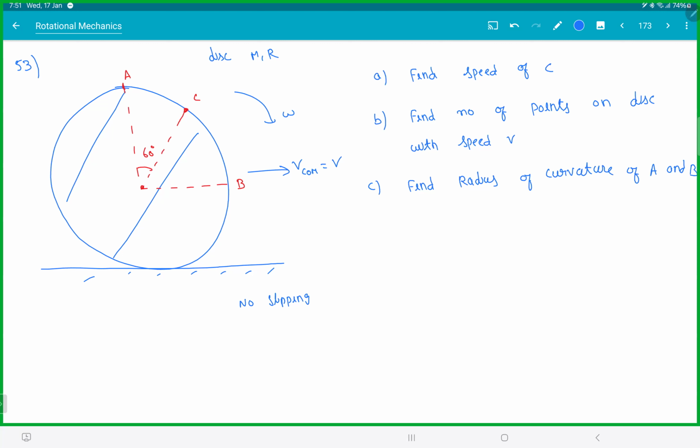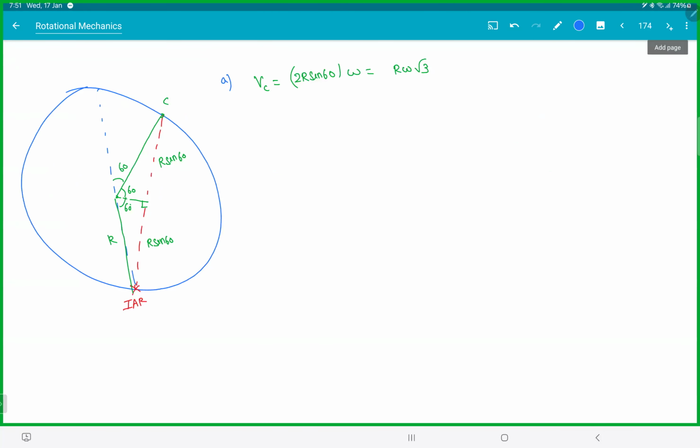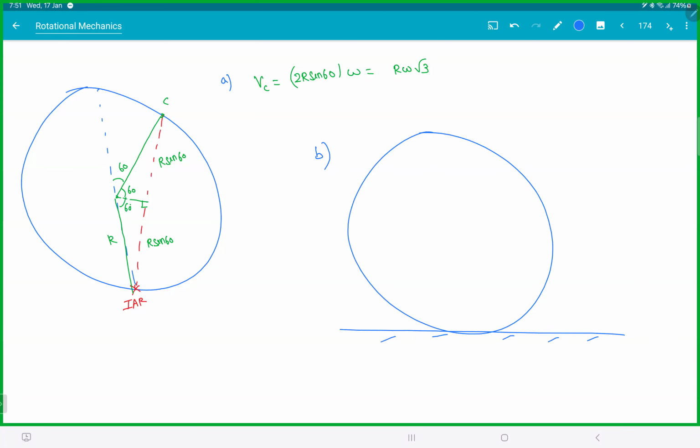You got it right. Why? मुझे देखो कैसे. There are infinite points. देखो. If you take the disk, this is your IAR. So from the IAR, if we take a circle of radius R, all the points on the circle will have a speed R omega, isn't it?